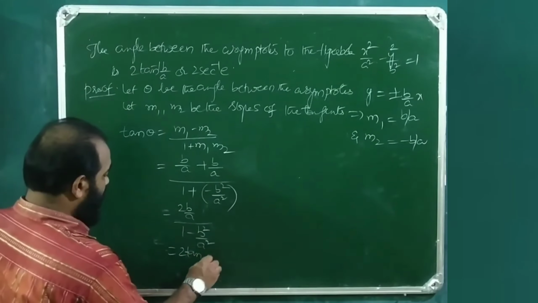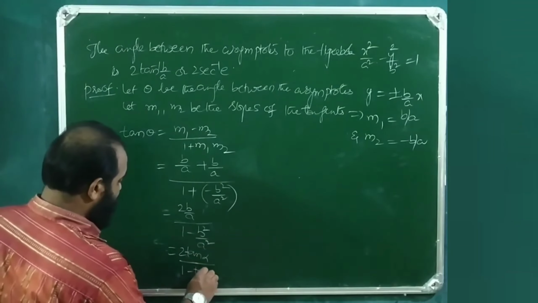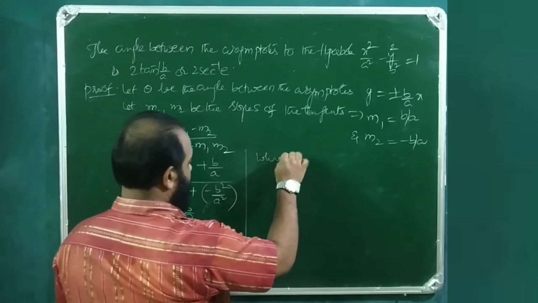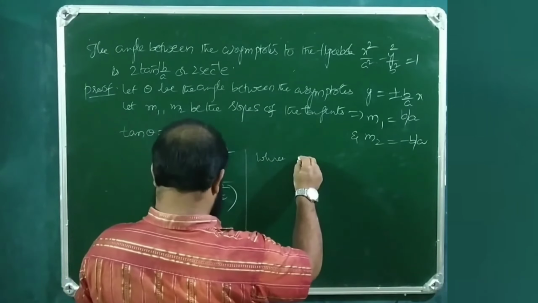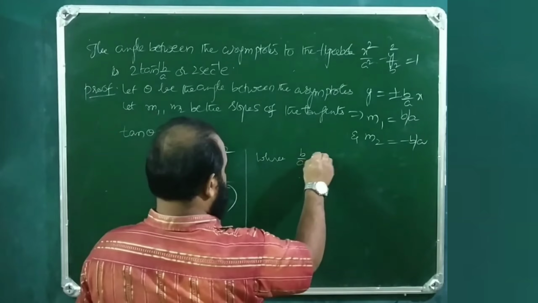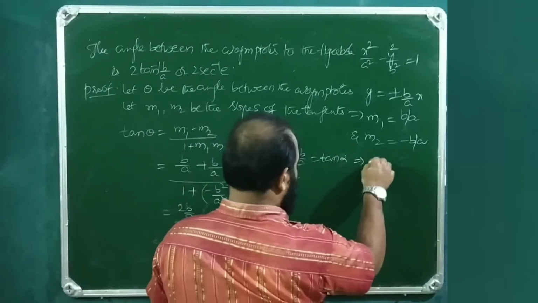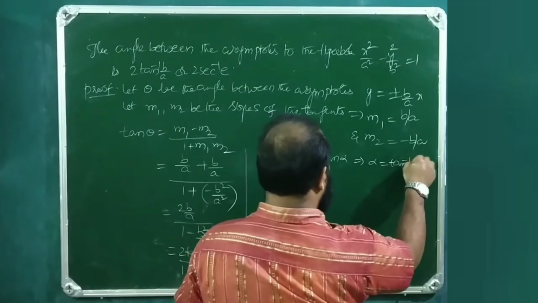That is 2 tan alpha by 1 minus tan square alpha, where b by a is equals to tan alpha. From this, alpha is equals to tan inverse b by a.